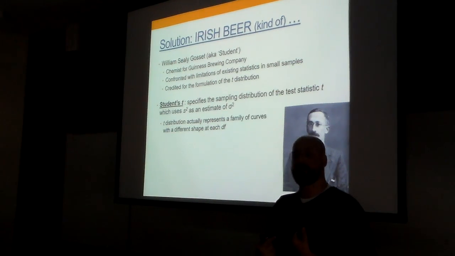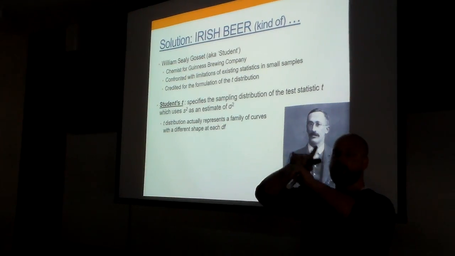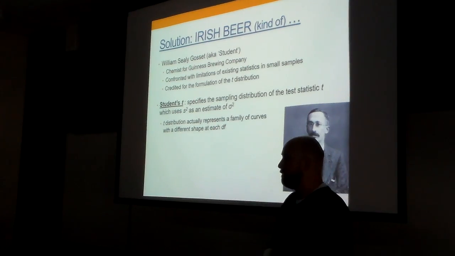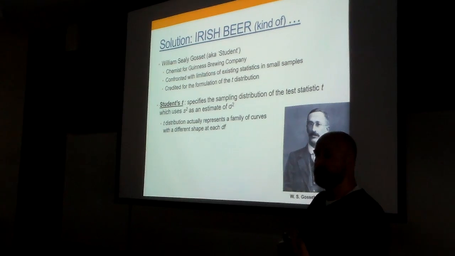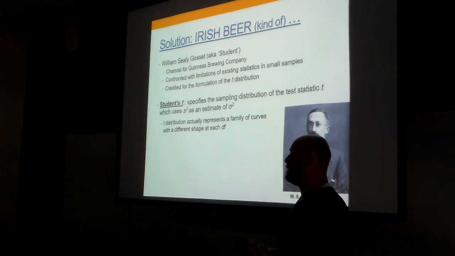Now, a z distribution is a z distribution. The z distribution is one thing. It's always going to be the z distribution no matter what. But for a t distribution, the specific shape of that distribution is going to depend on the degrees of freedom of your test. Your degrees of freedom are going to be based on the number of people you have in your sample. Okay?